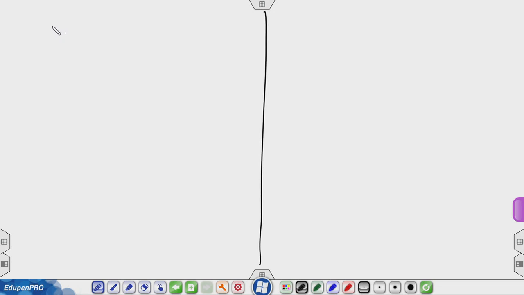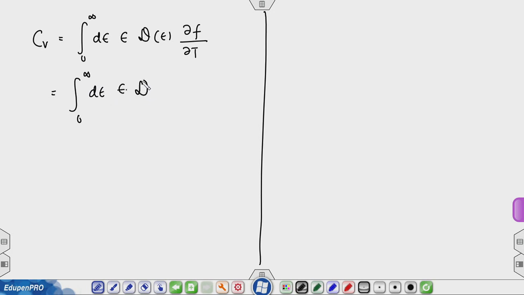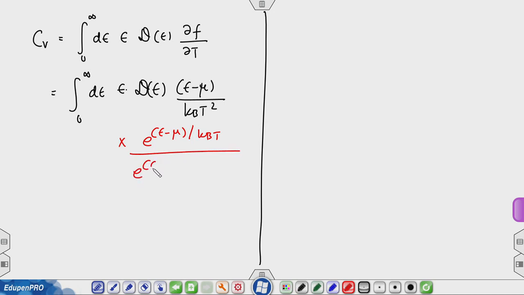So we are calculating Cv, which is the integral from 0 to infinity dE epsilon g(E) df/dt, which is equal to the integral from 0 to infinity dE epsilon g(E) (epsilon minus mu) over kB t square times that term, e raised to (epsilon minus mu) over kB t, over (e raised to (epsilon minus mu) divided by kB t plus 1) whole square.